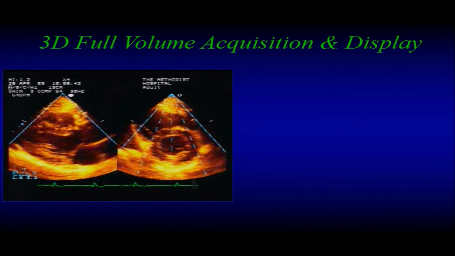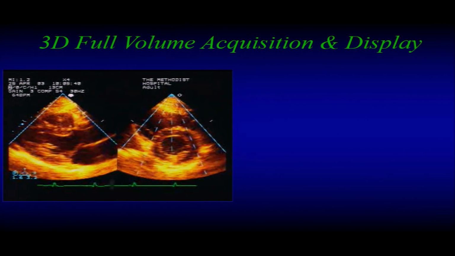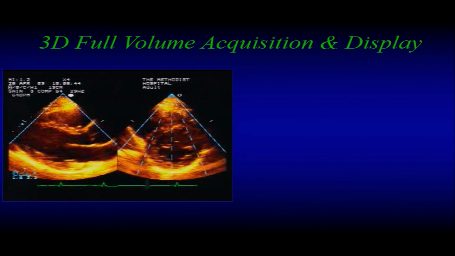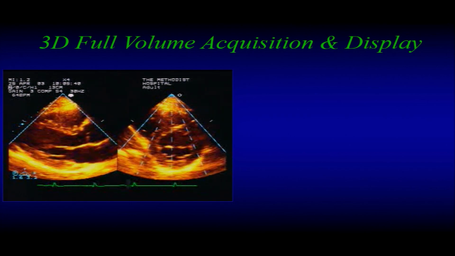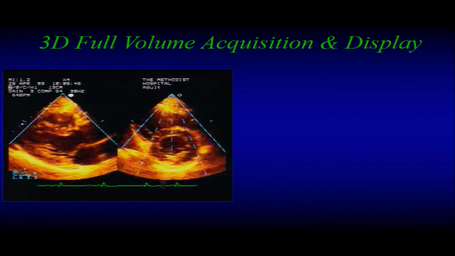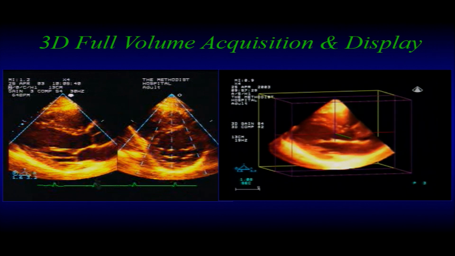The width was about 30 degrees or so only, so you could see a thin picture. But you had to do multiple acquisition. Nowadays, we still can do multiple acquisitions, but you can have a single beat, nice 3D. And this is how we used to be able to do it, get the whole pyramid and then cut through the pyramid for you to see this heart and then move around.